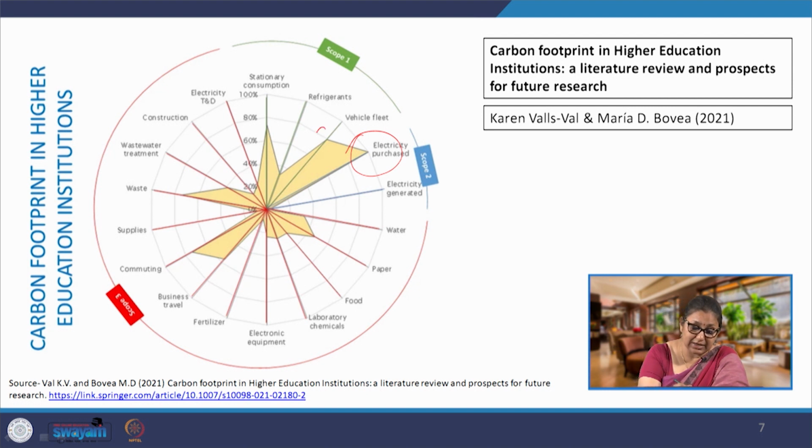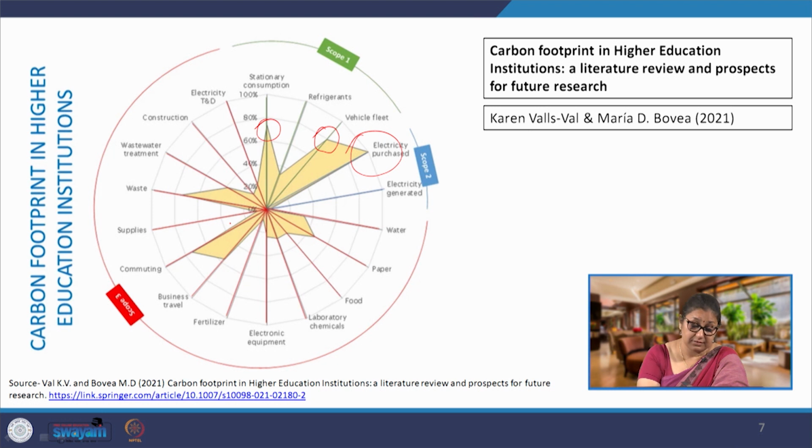The second highest is coming from the vehicle fleet. We also have stationary combustion, which as we saw is coming from sources such as the emergency diesel generators, or some of the processes, or LPG used for cooking.